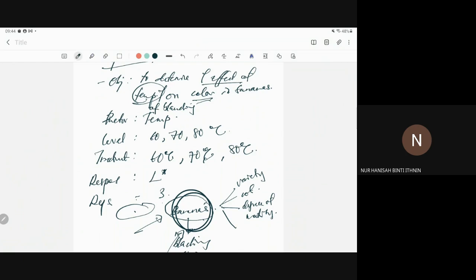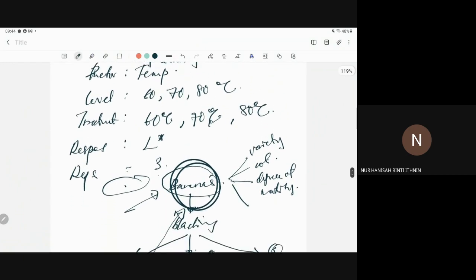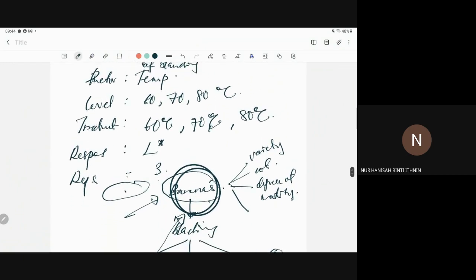We do not want to determine the effect of different varieties. It doesn't mean that you can't do it. If that is your interest, then that should be your factor. We are not interested in the effect of different weights or different degrees of maturity, so that's why we make them constant.